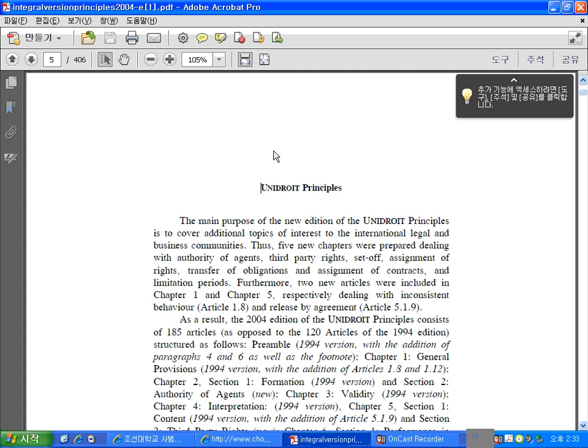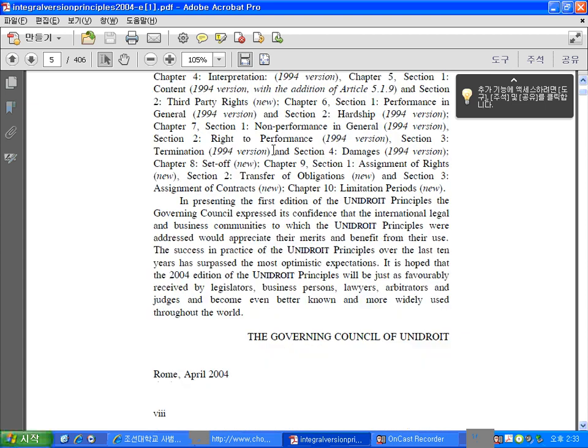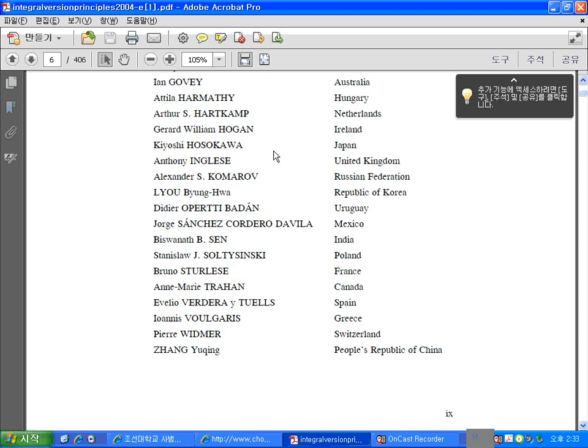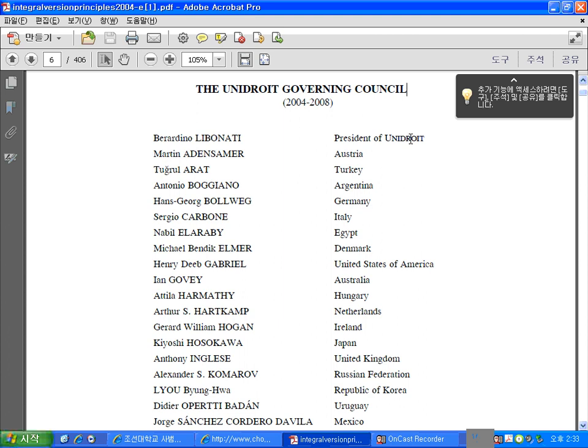So UNIDROIT principles actually is a textual authority in principle. And as I've said, it employs the method of the United States, restatement, exact form.